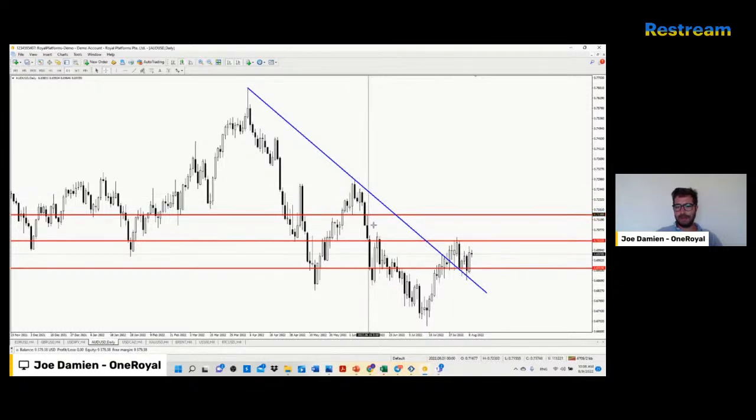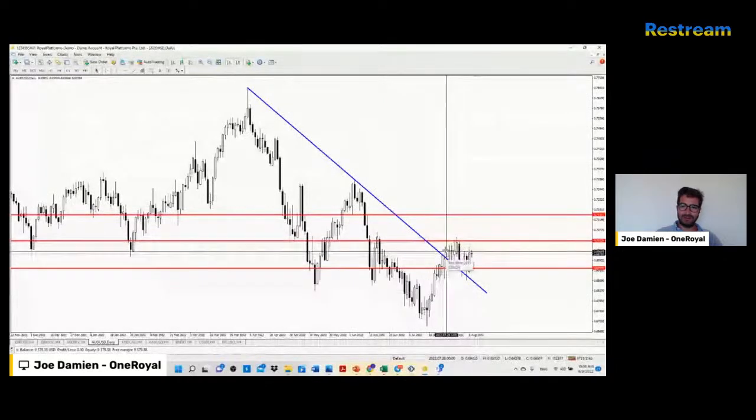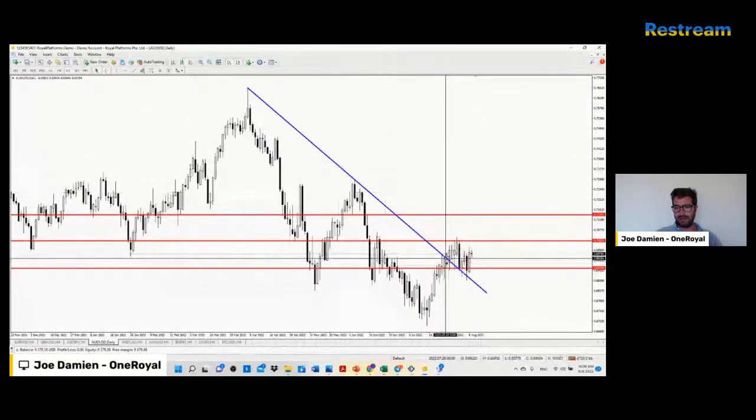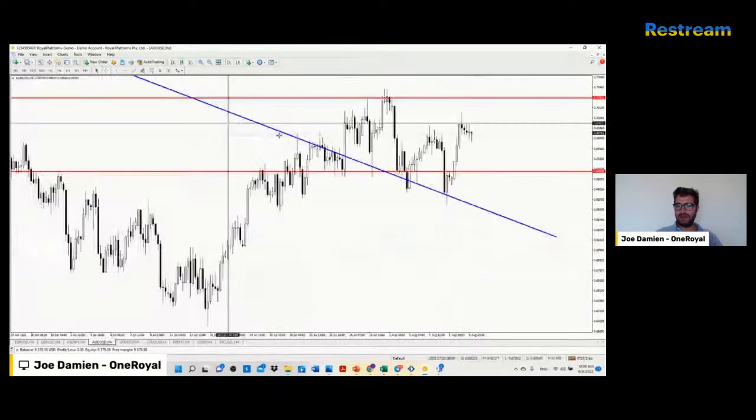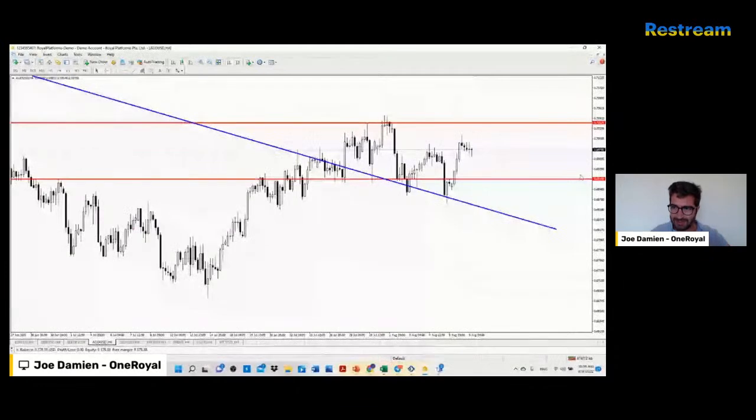You can see the market managed to break out of this bearish trend line. We have a breakout here, and we have higher lows, higher highs, and then on the lower time frame it entered into a kind of range, and this range is made of the 0.69 and the 0.7 mark.